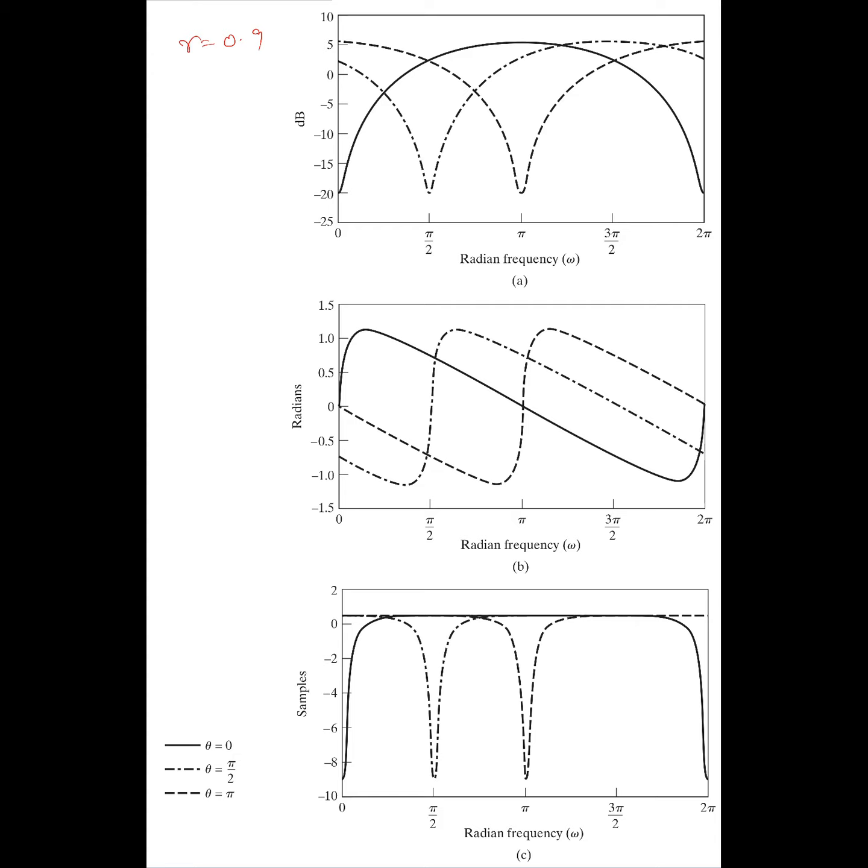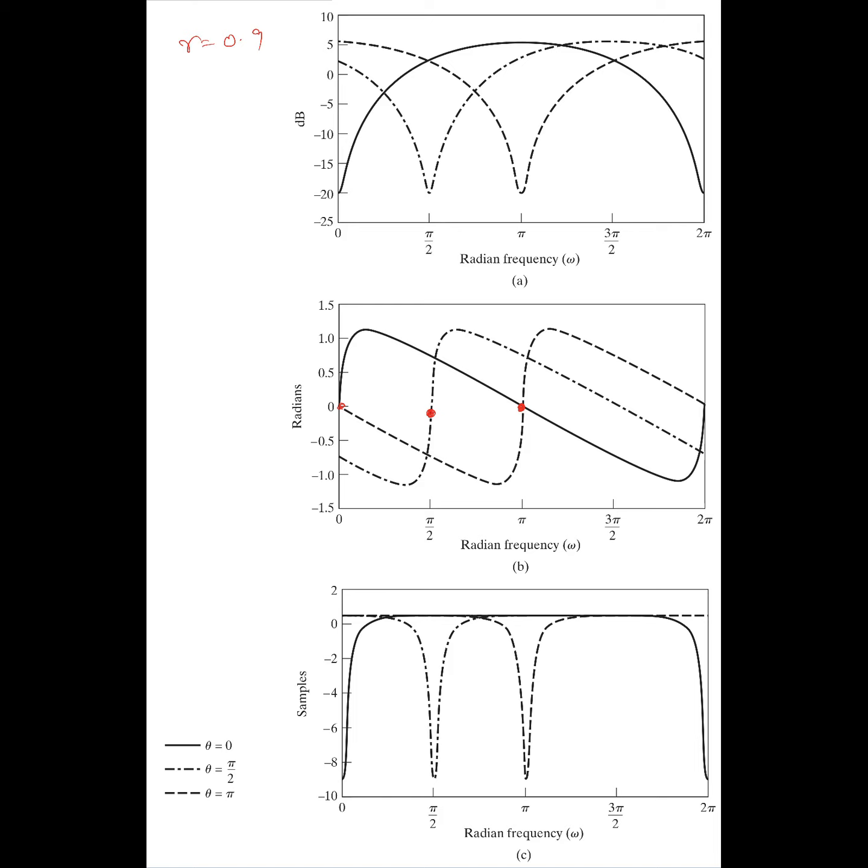When theta is equal to 0, the phase is 0. When theta is equal to pi by 2, which is the dashed dotted line, it is 0 at omega equal to pi by 2, and for the dashed line it is 0 at omega equal to theta, which is equal to pi. So the phase is 0 at omega equal to theta.